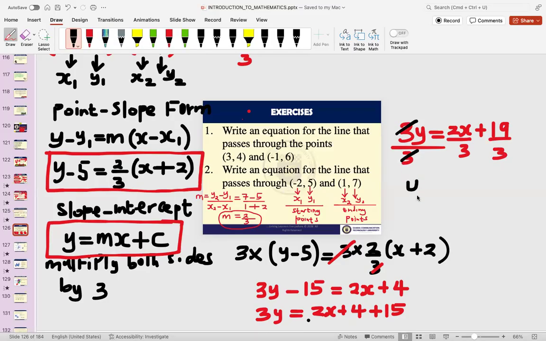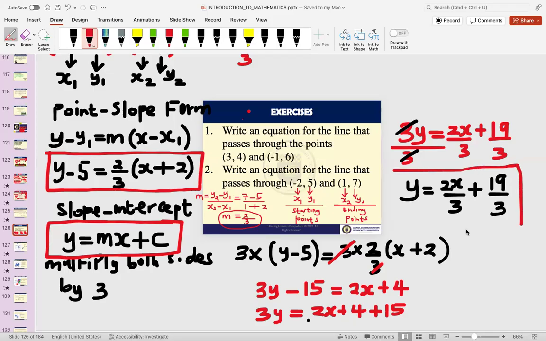Therefore, we have y is equal to 2x divided by 3 plus 19 divided by 3. And that becomes our final answer for the slope intercept form. Y is now standing alone.